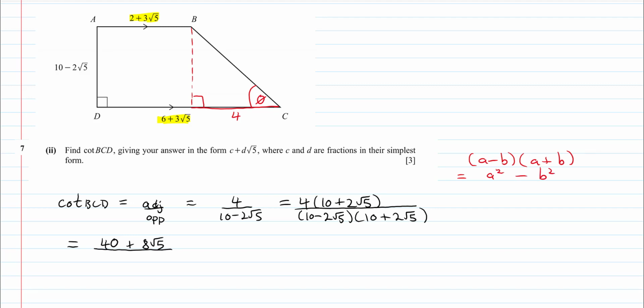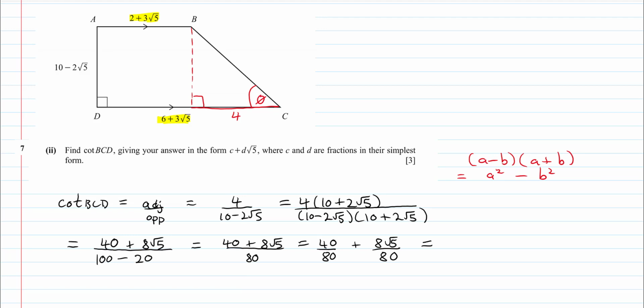So if we take our a is equal to 10, or 10 squared, that's going to be 100, minus our b squared, which is 2 root 5, and 2 root 5 all squared, what's going to be 2 squared is 4 times root 5 all squared, which is just 5, so 4 times 5 is 20, so we get 100 minus 20, and that's going to equal 40 plus 8 root 5 over 80, and I'll just write it out this way because we've got our common denominator, 40 over 80 plus 8 root 5 over 80, and now we just need to put these fractions into their simplest form.